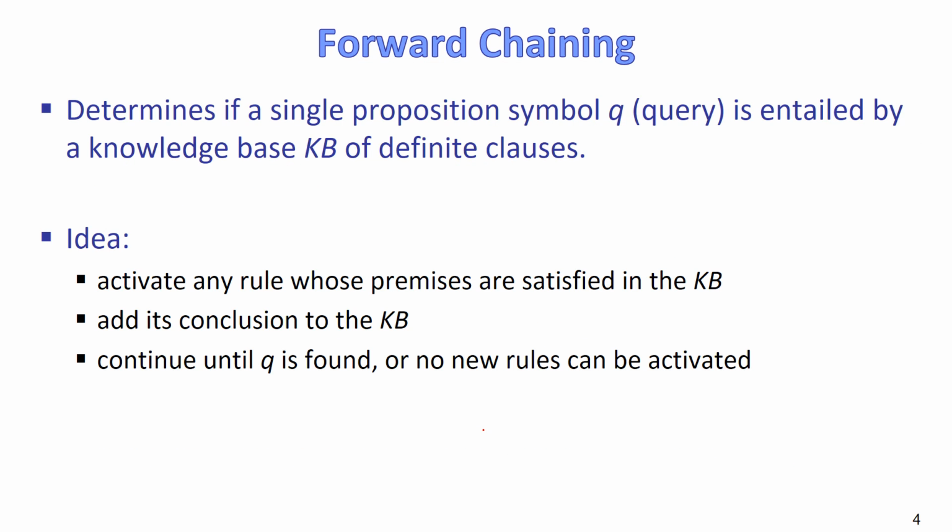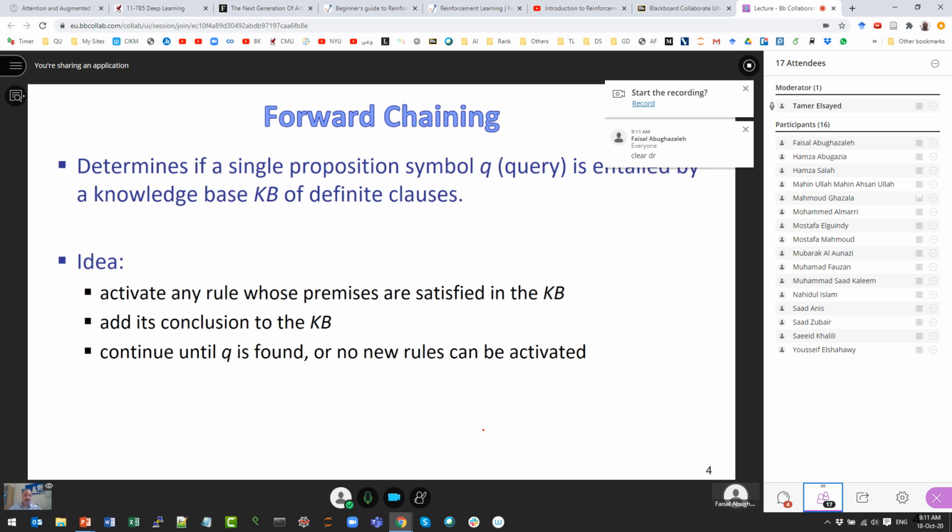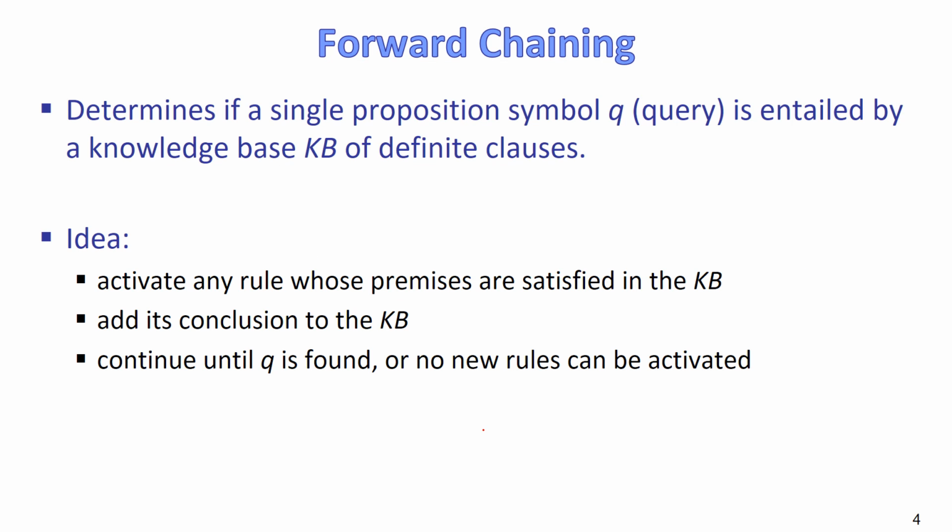Okay. Now forward chaining. In the forward chaining algorithm, we have a query that we want to infer, or we can say that it cannot be entailed. Either way, that's the same as the resolution and model checking that we explored before. But here we assume that the knowledge base only includes definite clauses, which means that we can convert them into implications or rules, like what we saw in the previous slide.